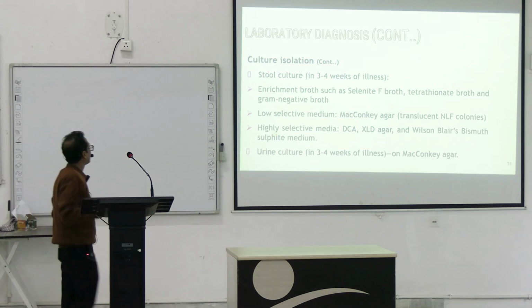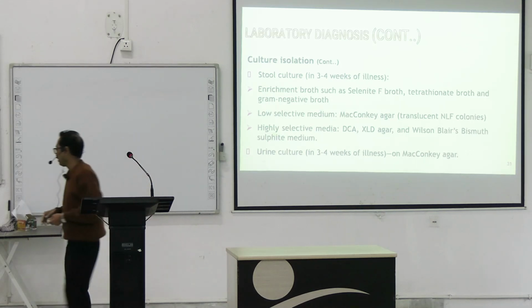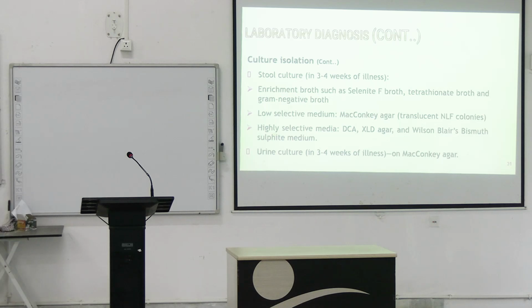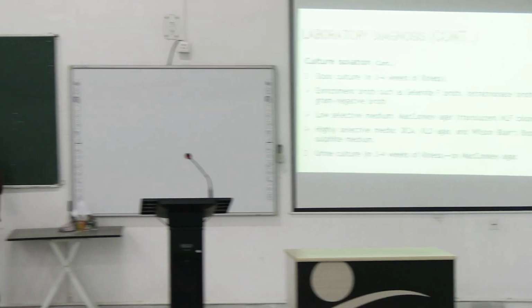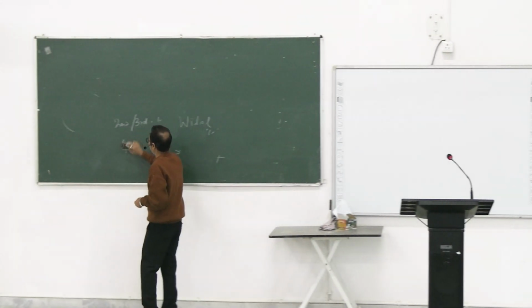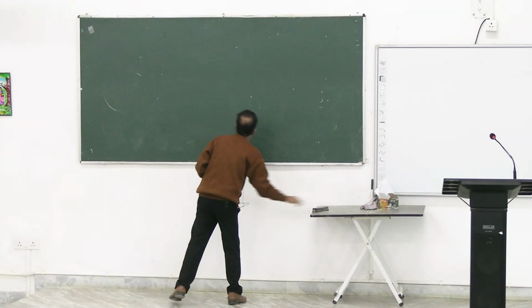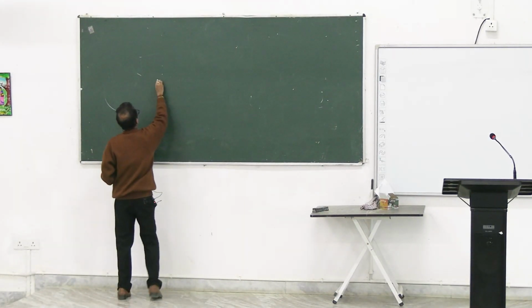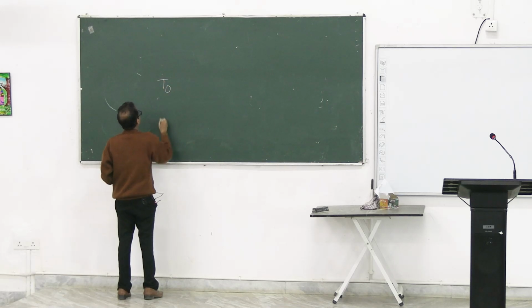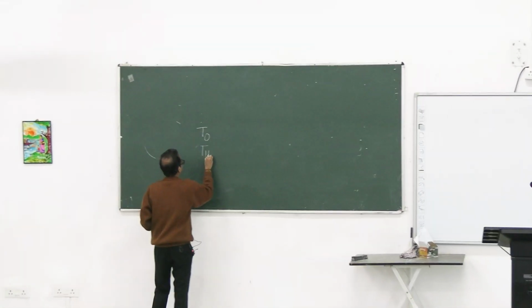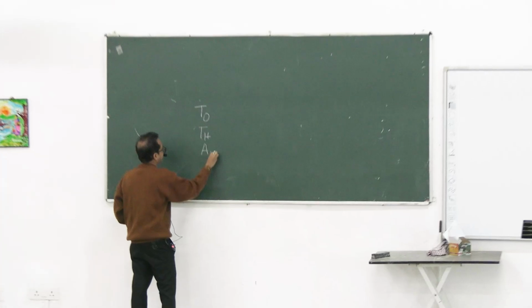Stool culture, whenever you are using it, but now let's discuss the Vidal a little bit; after that we go to the stool culture finally. In Vidal, what antibodies do we check? We check TO, TH, AH and BH.